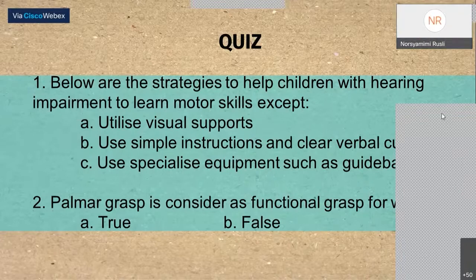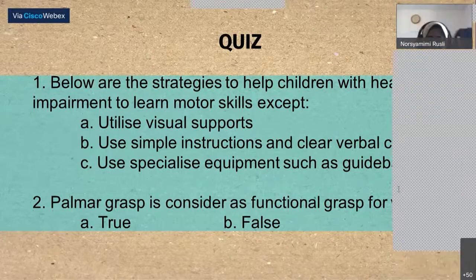The answer is actually C. Congratulations to those who got the correct answer. Maybe it's kind of tricky because it has 'except' here.